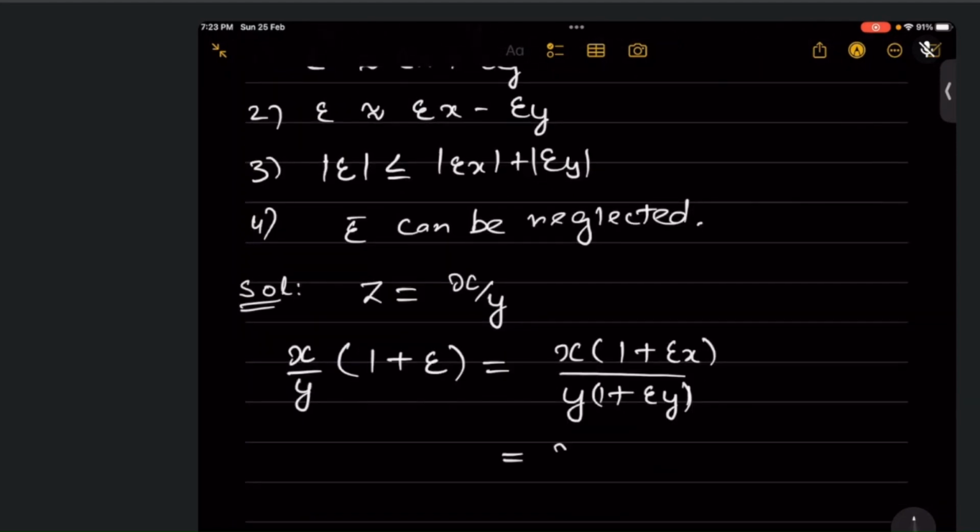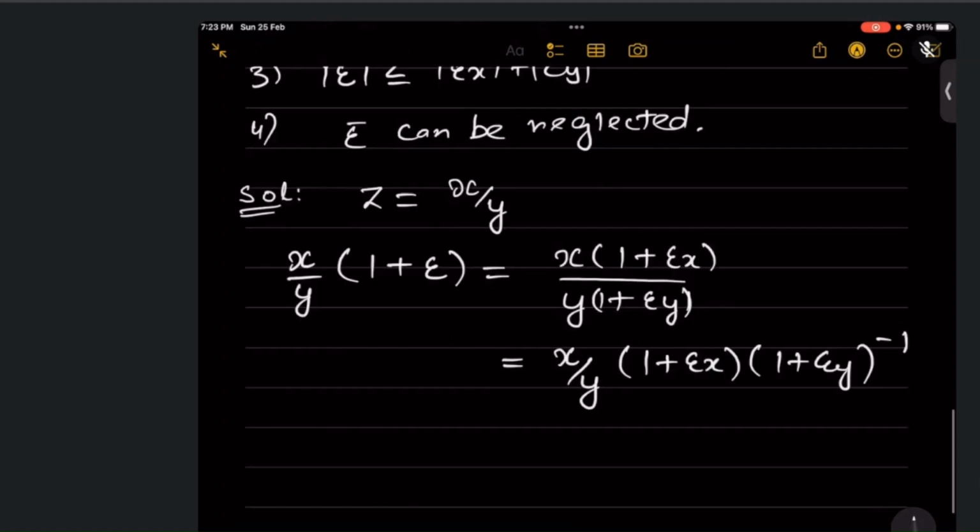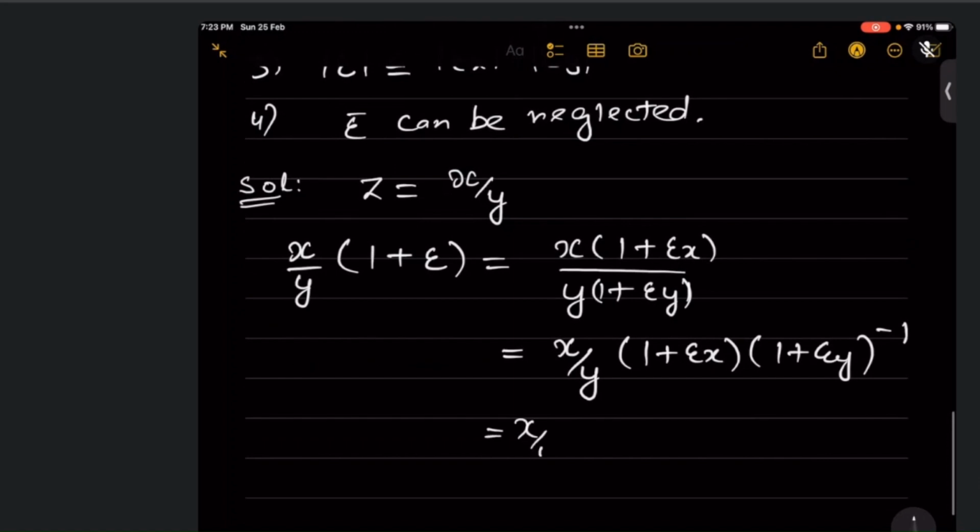From here, it can be written as x by y into 1 plus epsilon x into 1 plus epsilon y to the power minus 1. Now, you can expand this series, right?